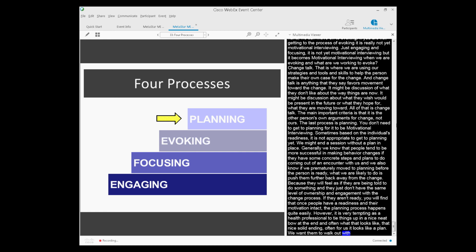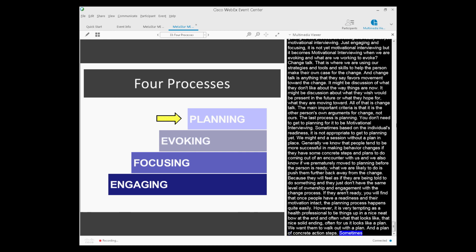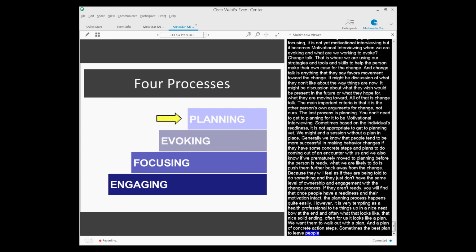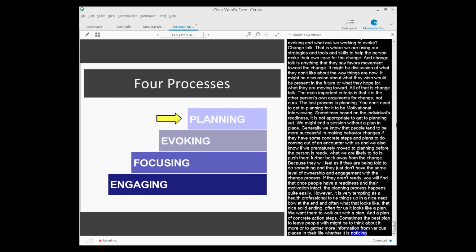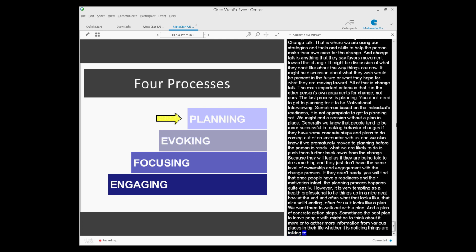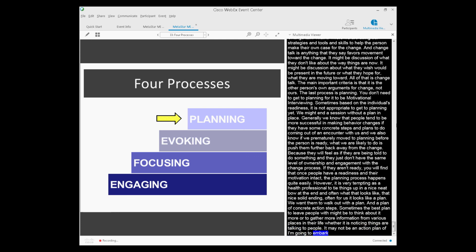Sometimes the best plan to leave people with might be to think about this some more, or to gather some more information from various places in their life, whether that's noticing things or talking to people. But it may not be an action plan of, okay, I'm going to embark on this change right away. We might give them some sort of a mini plan to help them get ready for more of a plan.